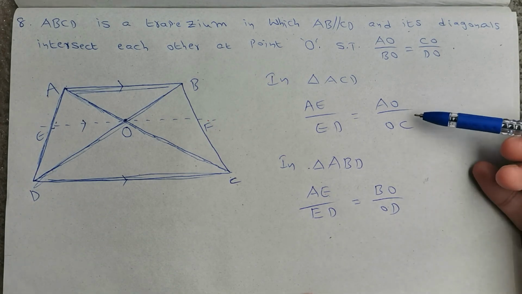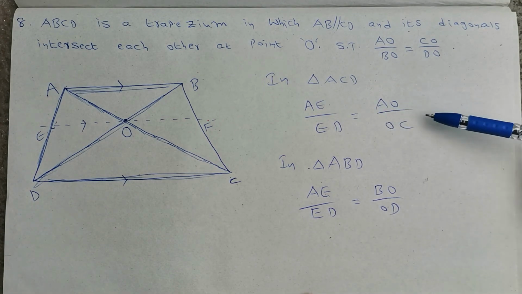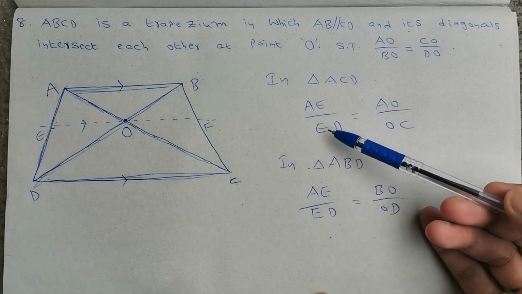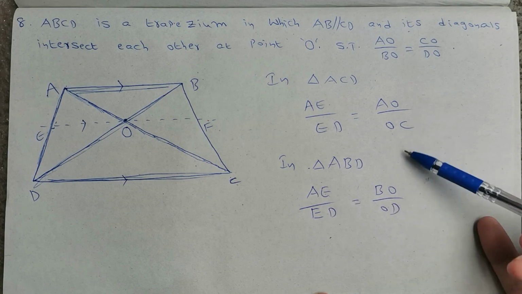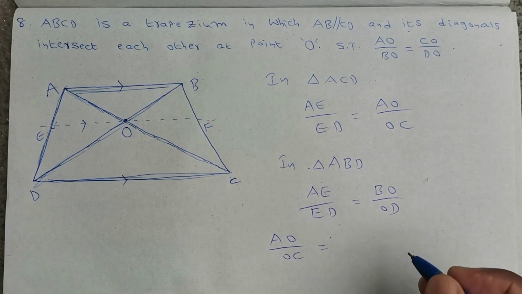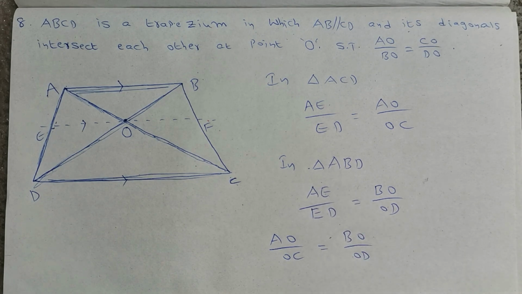Now if we observe these two equations, AE by ED is equal to AO by OC, and AE by ED is equal to BO by OD. So both LHS are equal to each other, so let us make these two equal. AO by OC is equal to BO by OD.